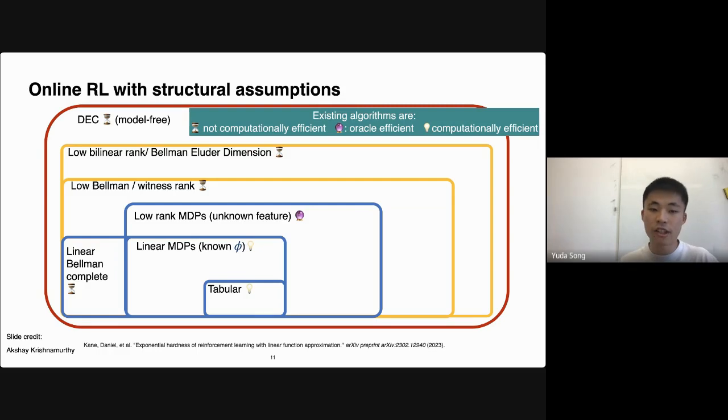Specifically, I think they showed it for a Q star and V star model. I think this is saying that designing optimism in general function approximation is probably challenging. And it seems like there is a real statistical computation trade-off, at least in the current general models.